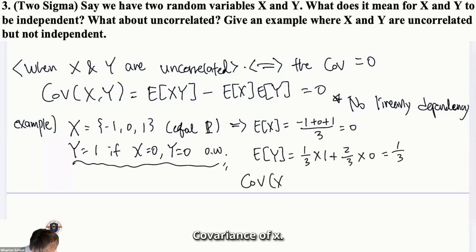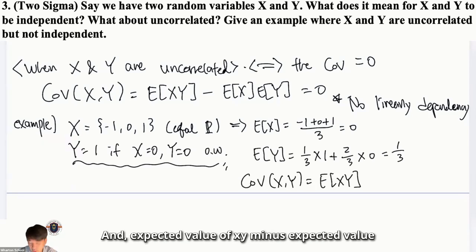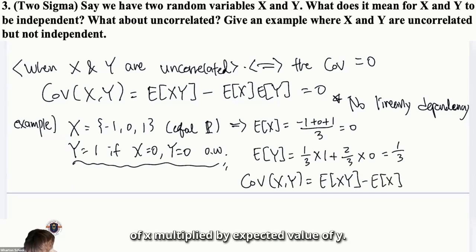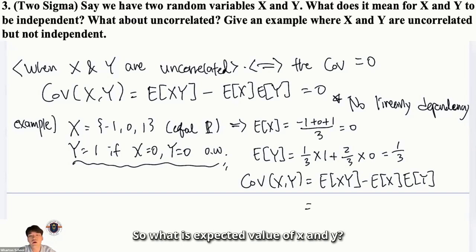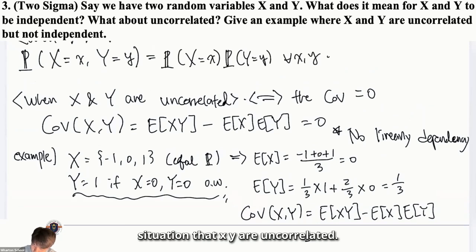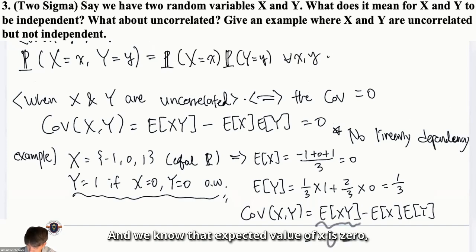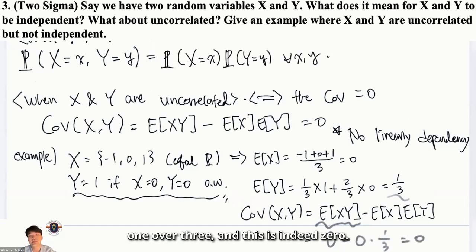Covariance of x and y is the expected value of xy minus the expected value of x multiplied by the expected value of y. So what is the expected value of xy? Well, xy is automatically 0. And we know that the expected value of x is 0, multiplied by the expected value of y, which is 1/3. And this is indeed 0.